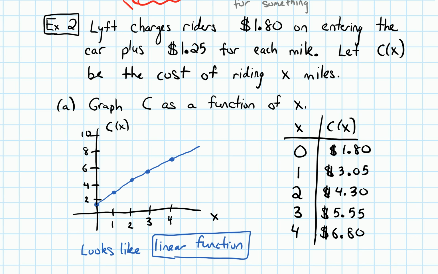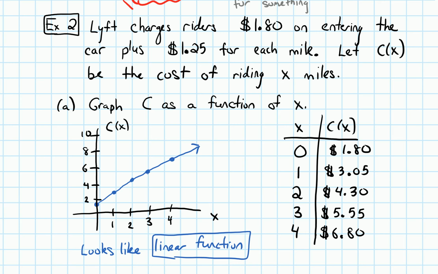It would continue past this if I traveled more than 4 miles. It would keep going forever this way, or maybe it would stop when the car ran out of gas. But let's just say it continues like this indefinitely.